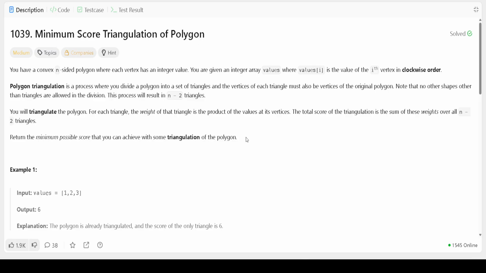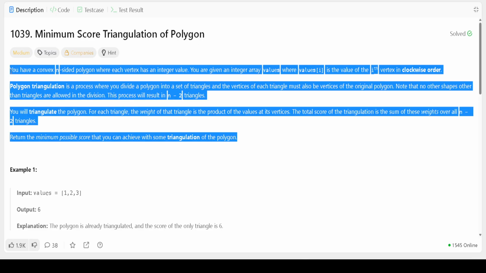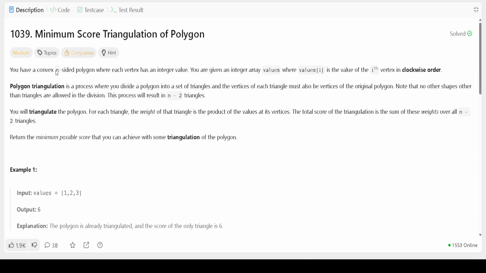We should always read the question one or two times so that we can understand it. So very first, we are given a convex polygon with n vertices, and each vertex has an integer value.